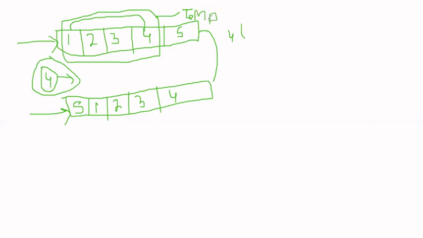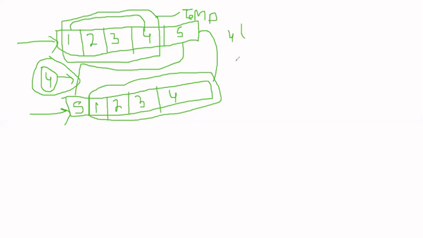After storing into a temp array, let's move our 5 to the starting. After shifting this to the starting, let's fill our temp array after this into the given array.